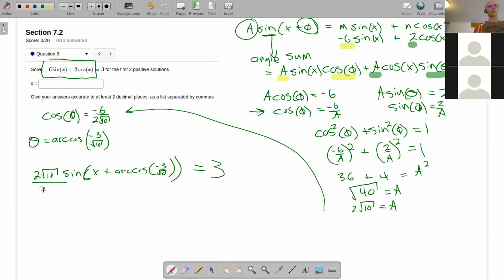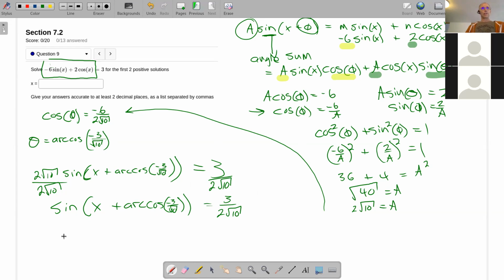Divide 2 square root of 10 to the other side. That gives me the sine of x plus the arc cosine is equal to 3 over twice the square root of 10.